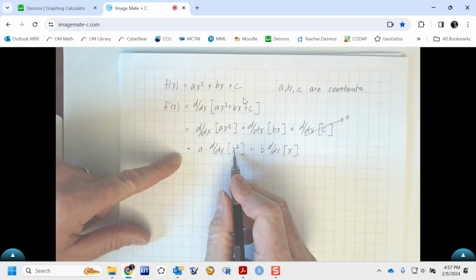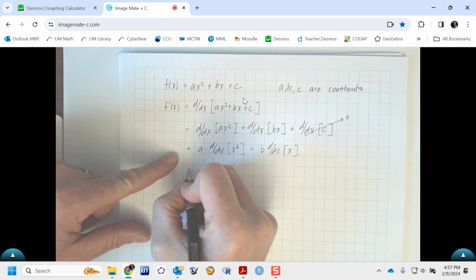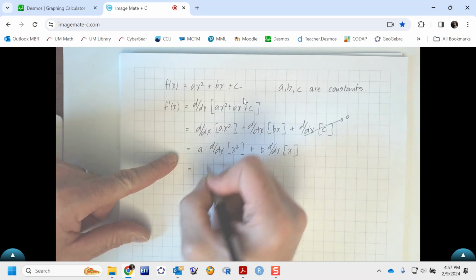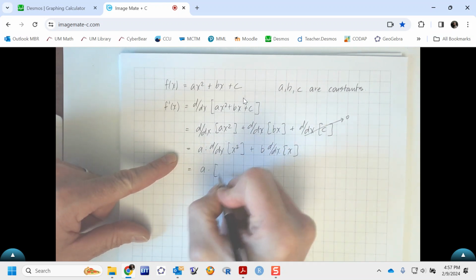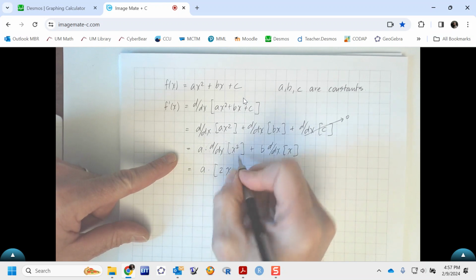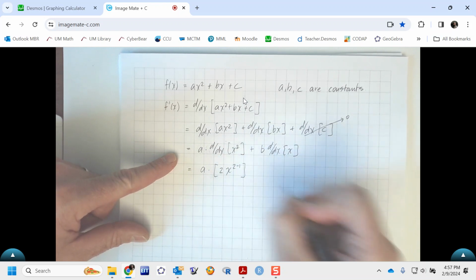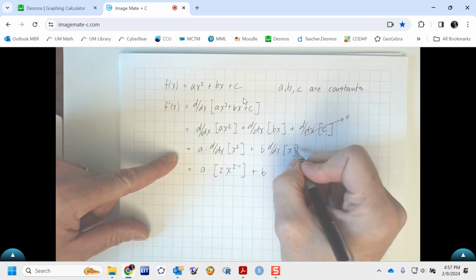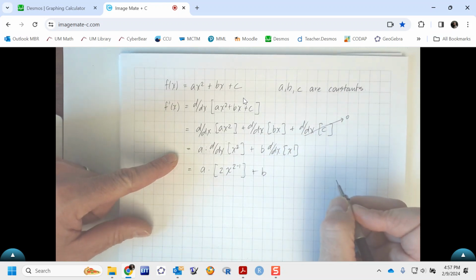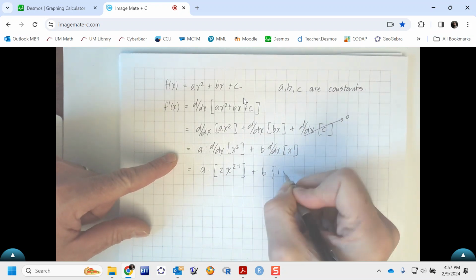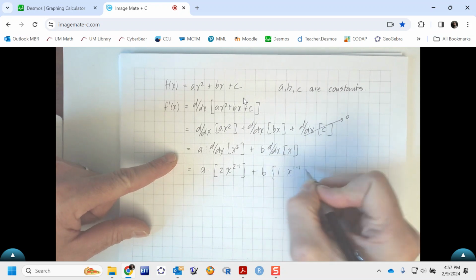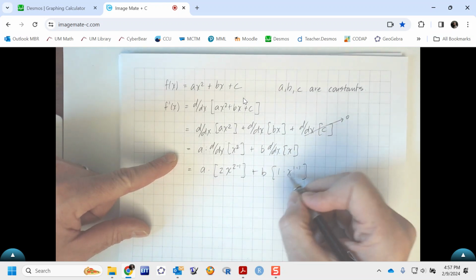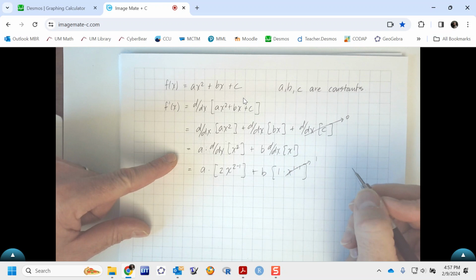Now we can take the derivative of x squared, and what do we get? a times 2 comes out in front, we get x raised to the 2 minus 1, plus b times d by dx. We can think of this like a power function with exponent 1, so we get 1 out in front times x to the 1 minus 1. So this is just x to the 0, that's just a 1.